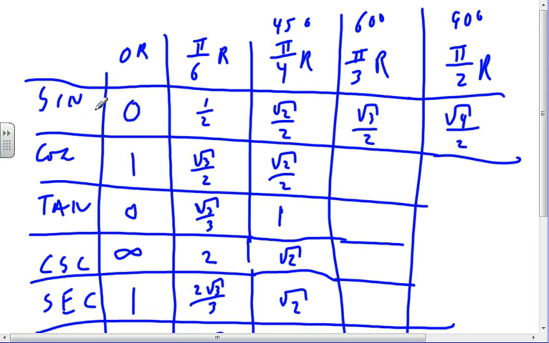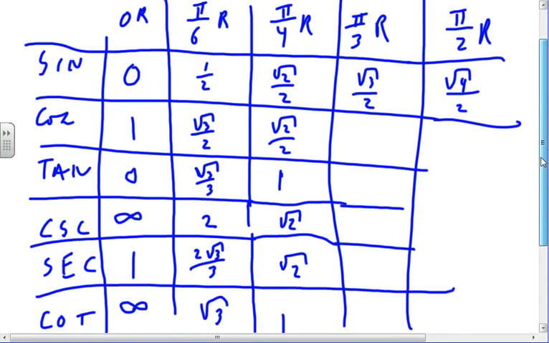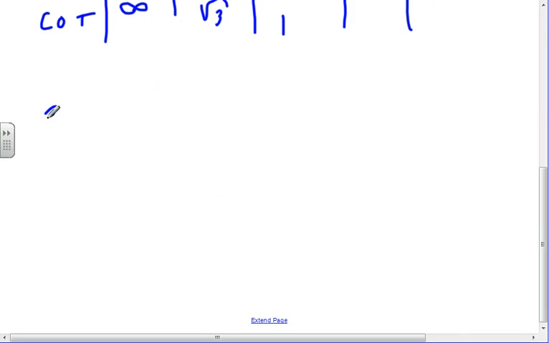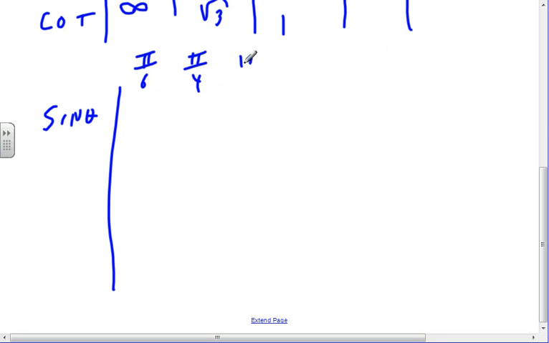Now look at this very first line here. I'm going to do it over again. Maybe if I get down here. I'm going to take the sine of theta, and I'm going to look at pi over 6, pi over 4, pi over 3, pi over 2.